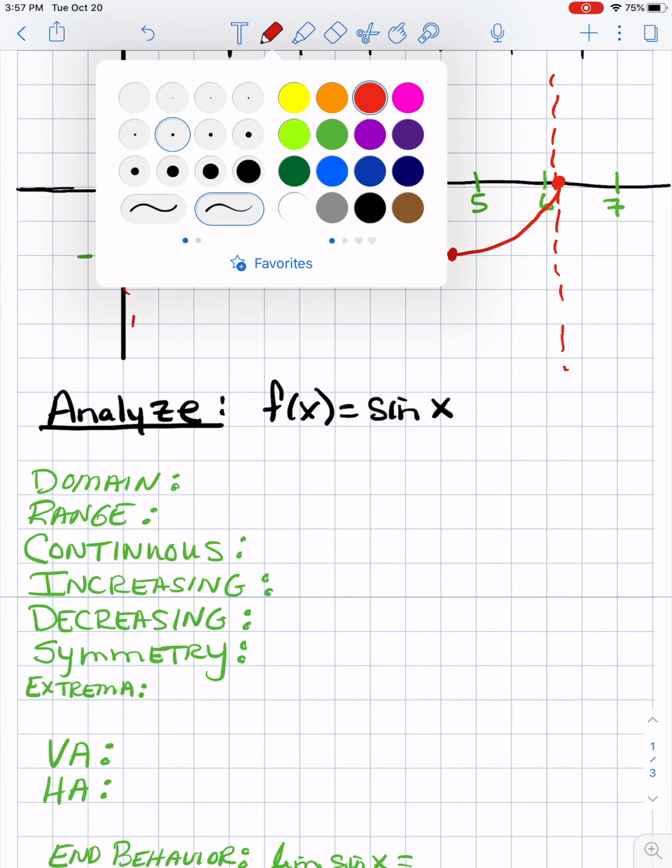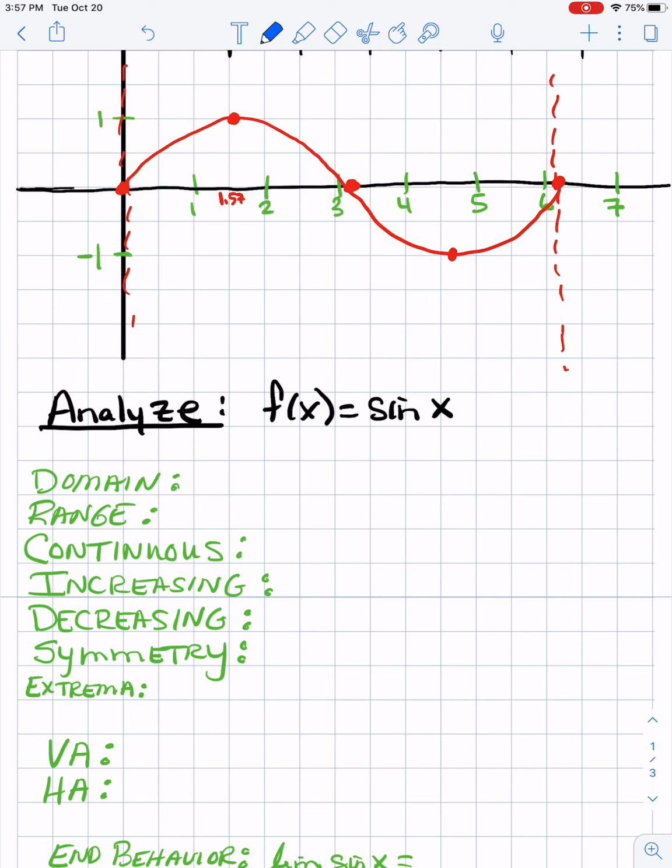Domain for the sine: this graph would continue cycling for as many cycles as we want, so we can say it's from -infinity to +infinity. The range will go between -1 and +1, and I'm going to bracket that because it does in fact touch those two.